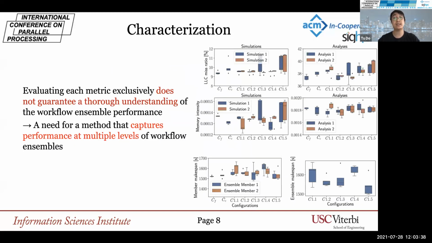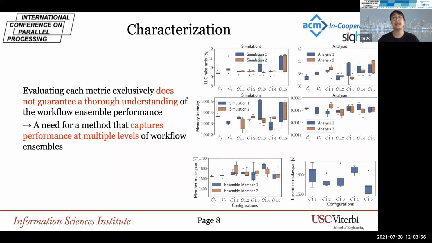Initially, to characterize the behavior of the workflow ensemble, we utilize a set of traditional metrics, as you can see here: cache miss ratio, memory intensity, or makespan.